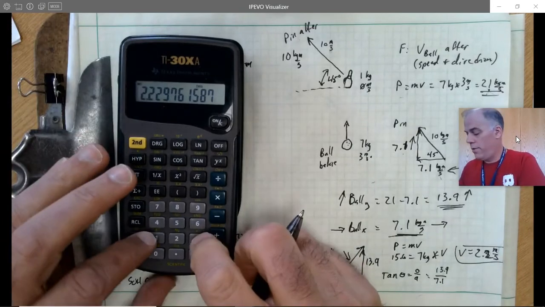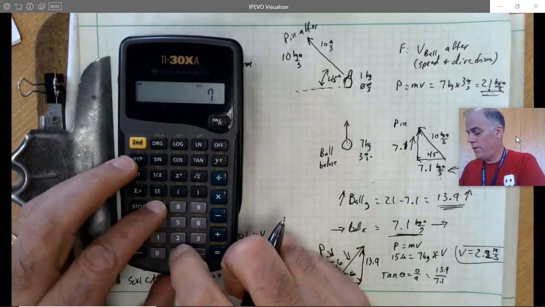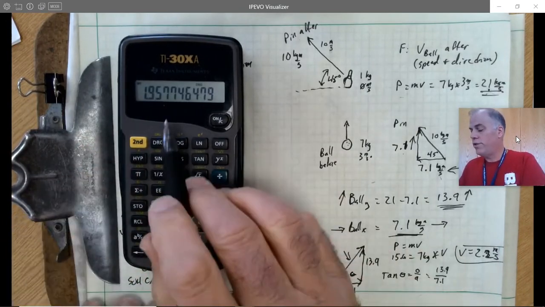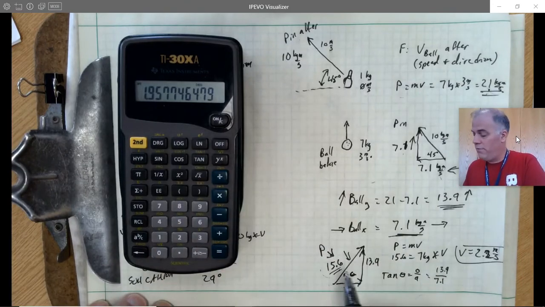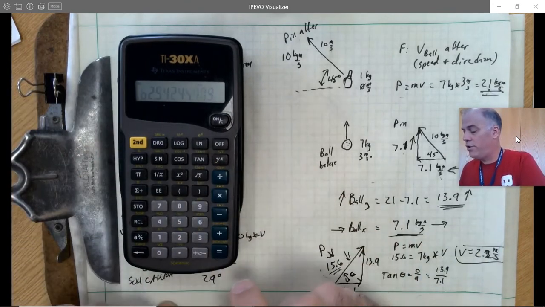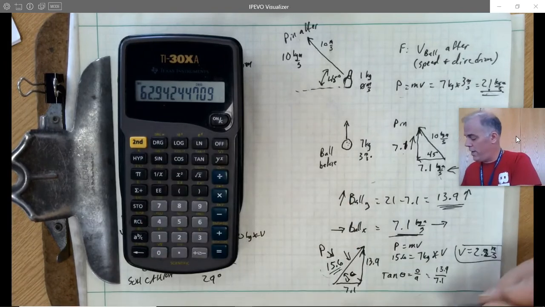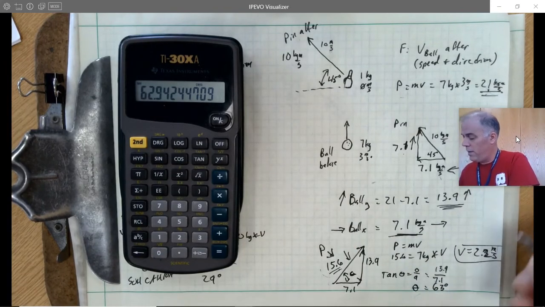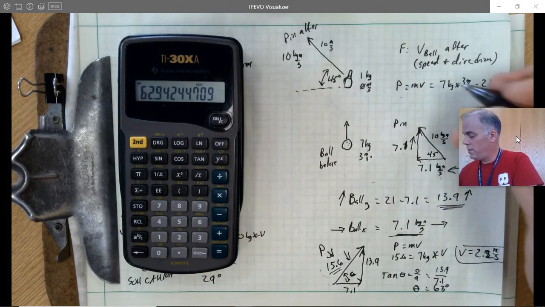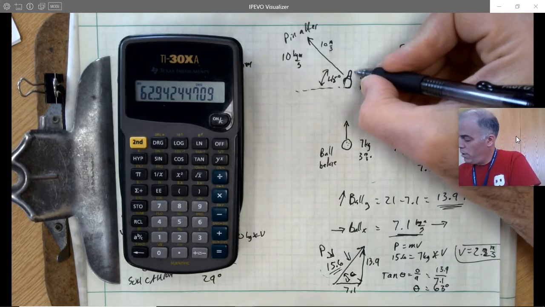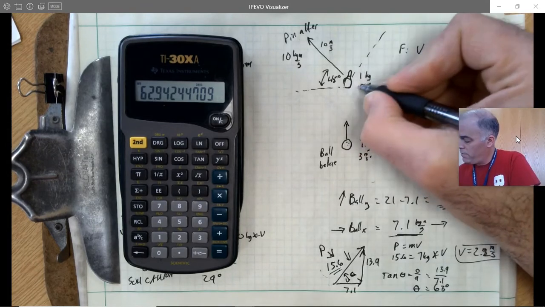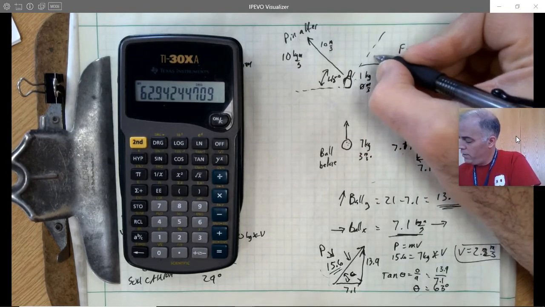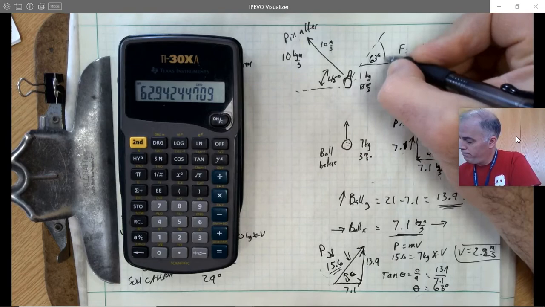So this number is the tangent of the angle, so we can take an inverse tangent of it and we get 63 degrees. So theta is equal to 63 degrees, meaning that the ball is going to go out at an angle here, and this angle is 63 degrees.